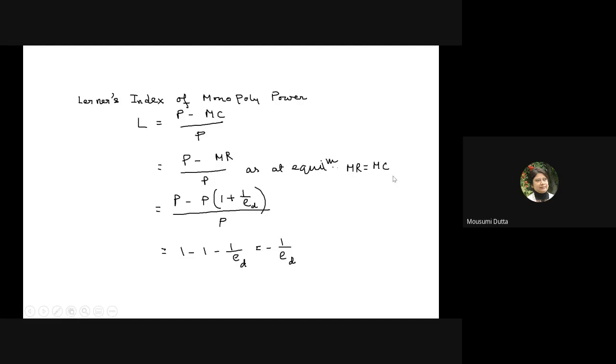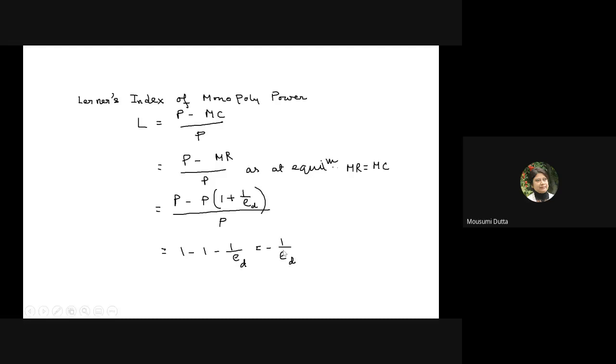The profit maximizing condition of the monopolist is MR equal to MC. So this MC can be replaced by MR. Now there is a relationship between MR and price elasticity of demand, given by MR is equal to P into (1 plus 1 by ED). So if I do so, L can be simply presented as minus 1 by ED.